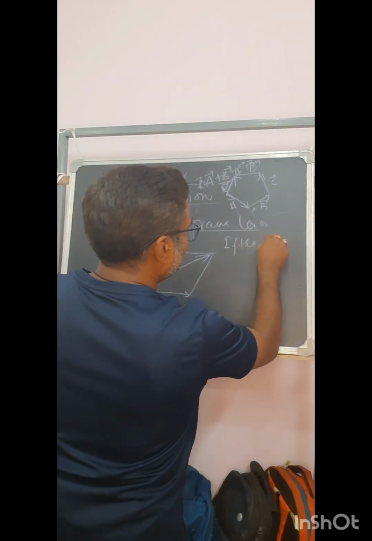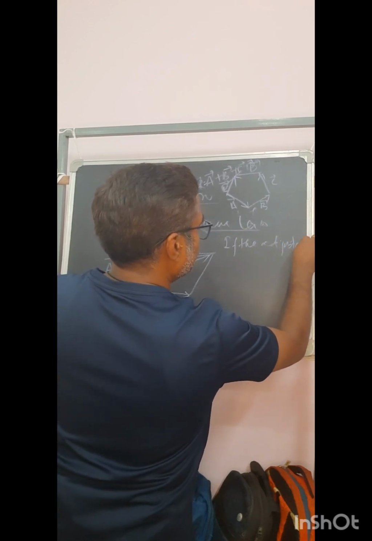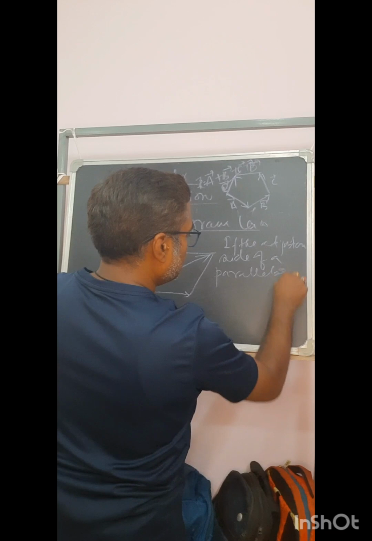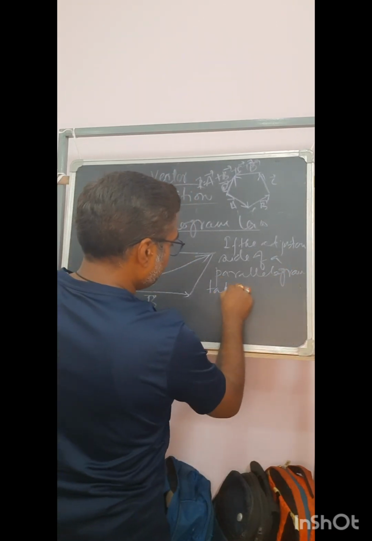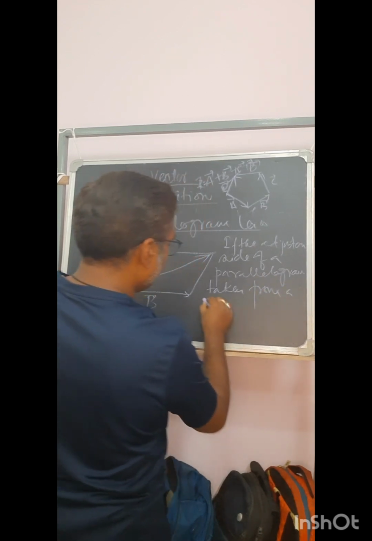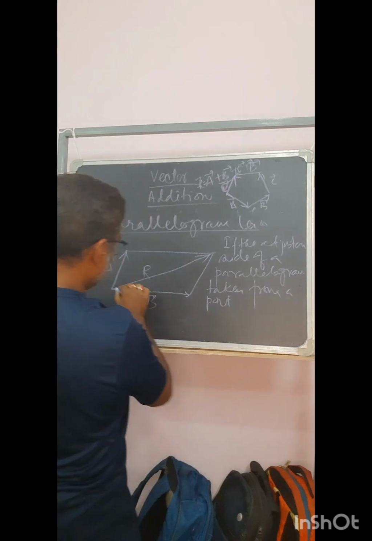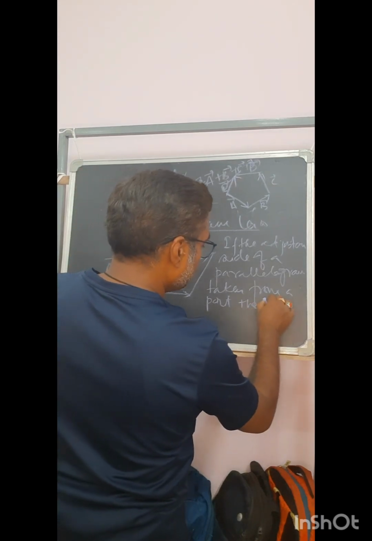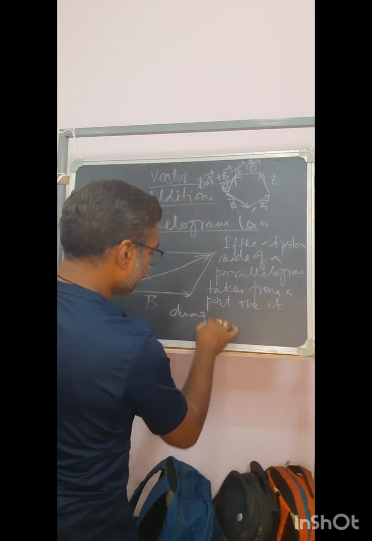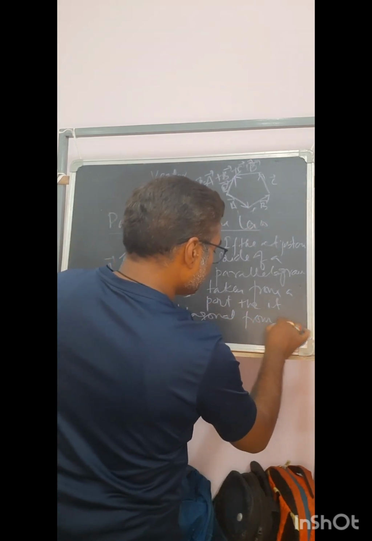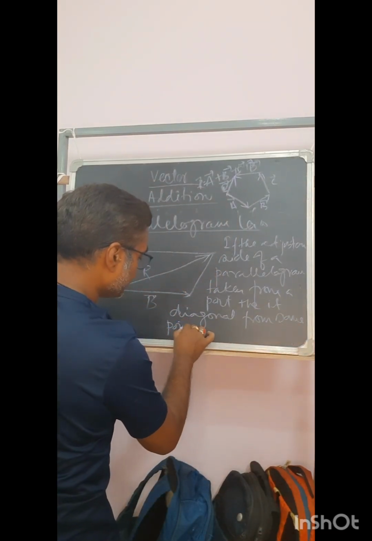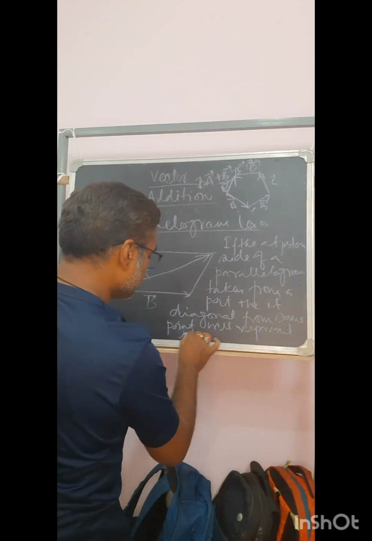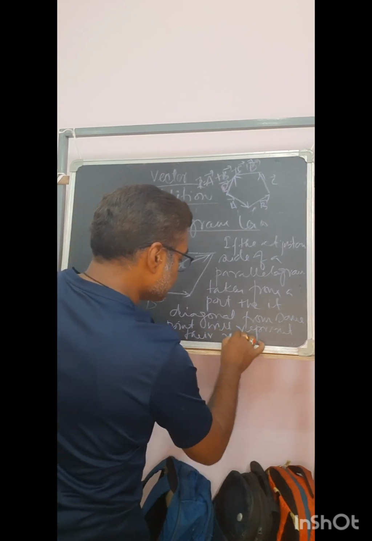If the adjacent sides of a parallelogram, taken from a point, represent two vectors from a point, then its diagonal from the same point will represent their resultant.